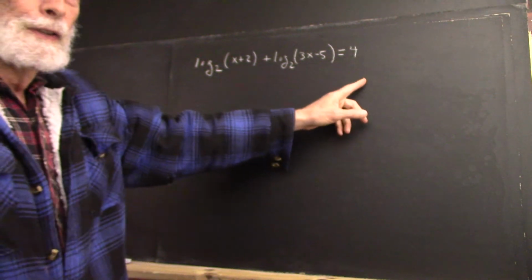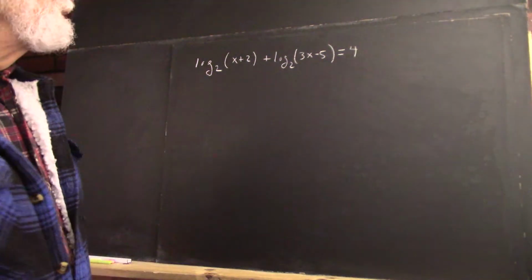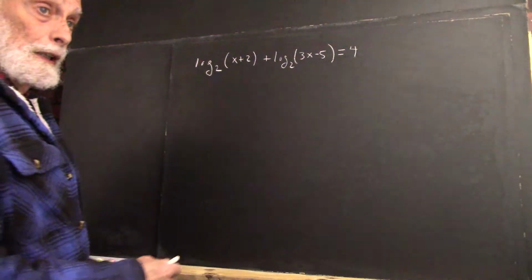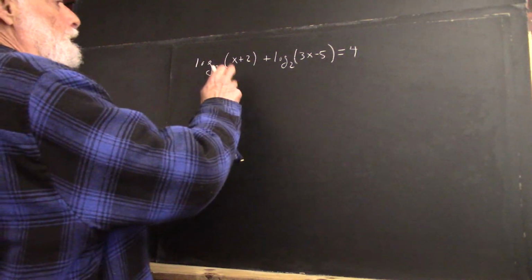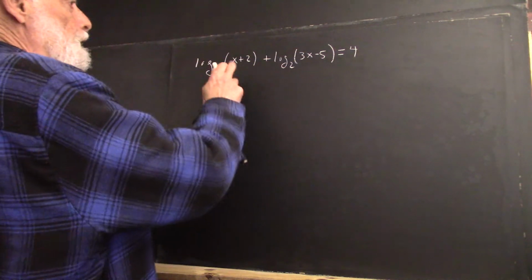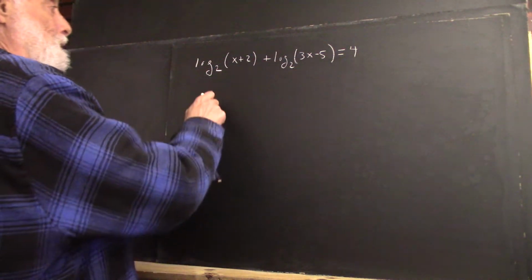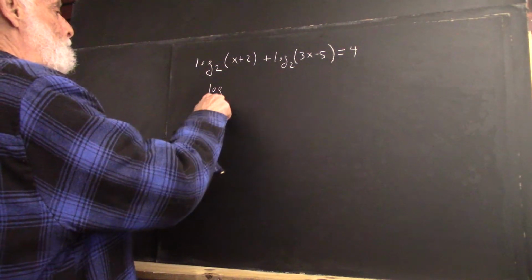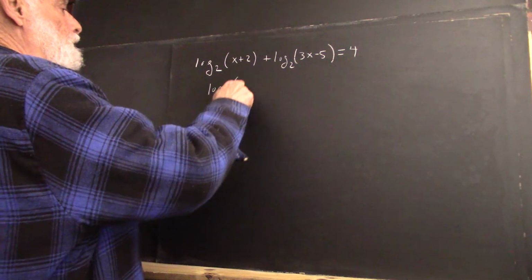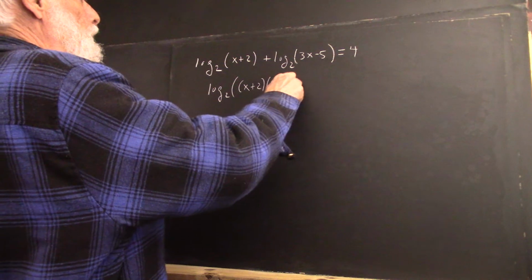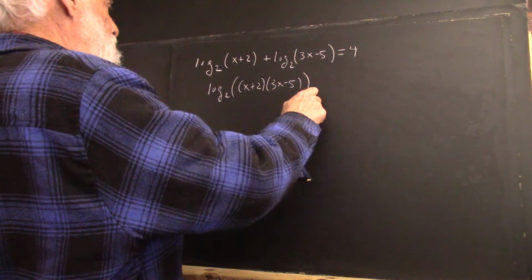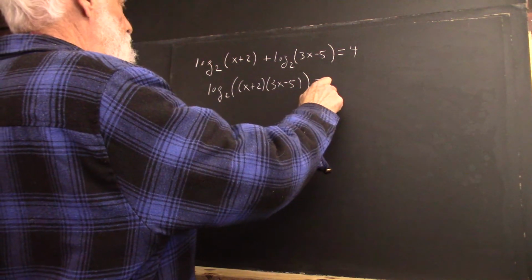Okay, now, here's the equation. We want to solve this equation. So we use the rules that we have, and I'm not going to quote the rules this time. Just log of this plus a log of this equals a log of this times this. So this tells me log base 2 of the quantity x plus 2 times 3x minus 5 equals 4.